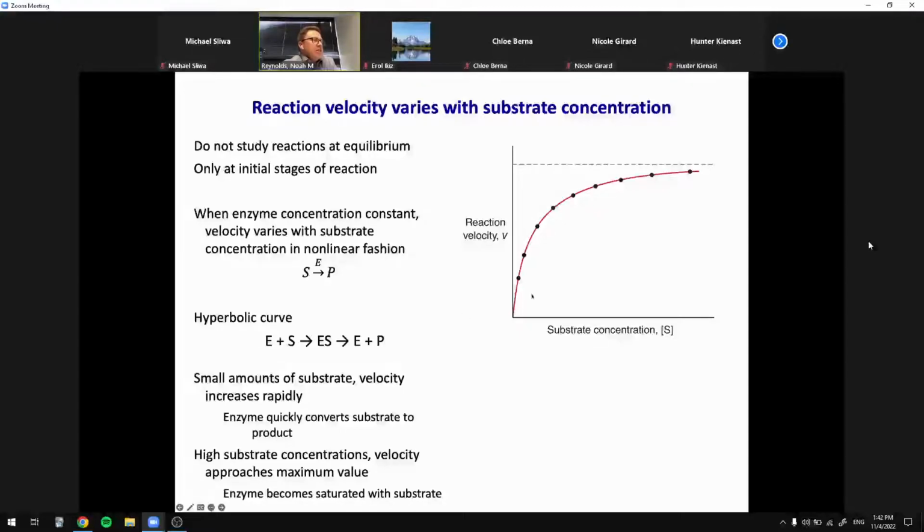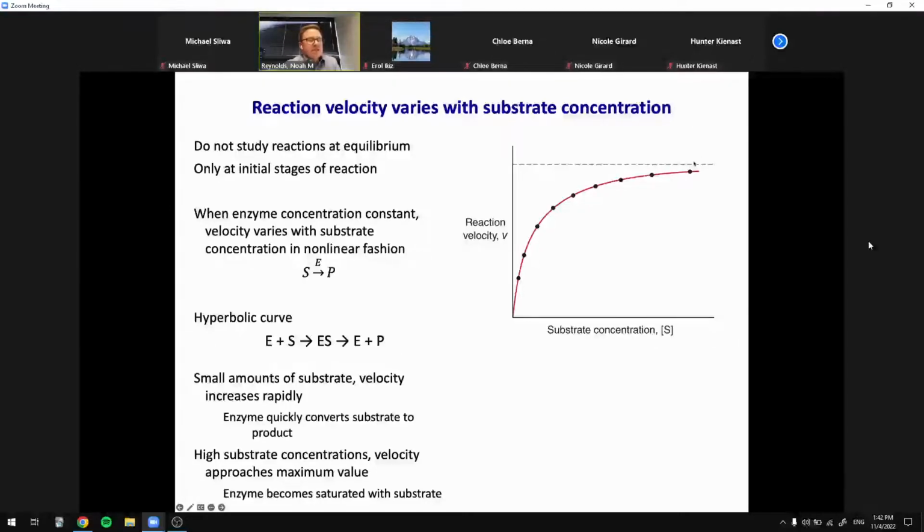Initially, velocity will increase rapidly as we increase the amount of substrate, because there's more and more substrate, so it can actually do the reaction, until we get to a point where we're at the absolute maximum velocity, and that's what we call Vmax.